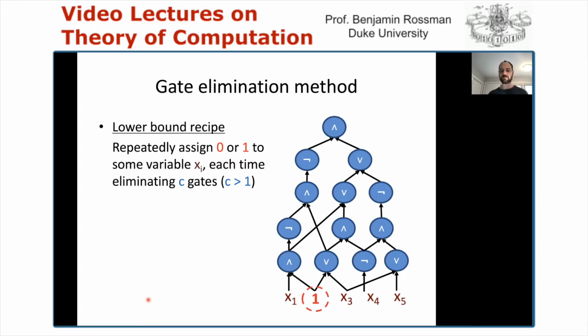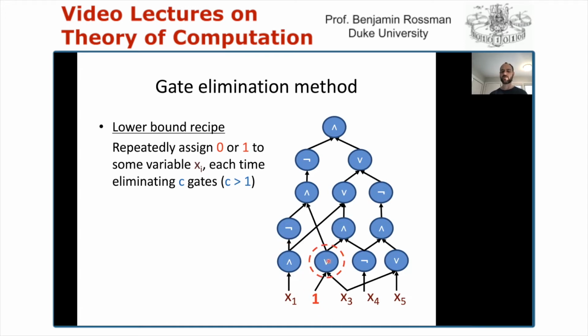Let me illustrate what I mean. Here, consider the variable x2, and suppose we substitute 1 for x2. Let's see how this simplifies the circuit. Consider this AND gate. We have a 1 feeding into an AND gate, but this means that the gate only depends on its other argument, so this lets us eliminate this wire.